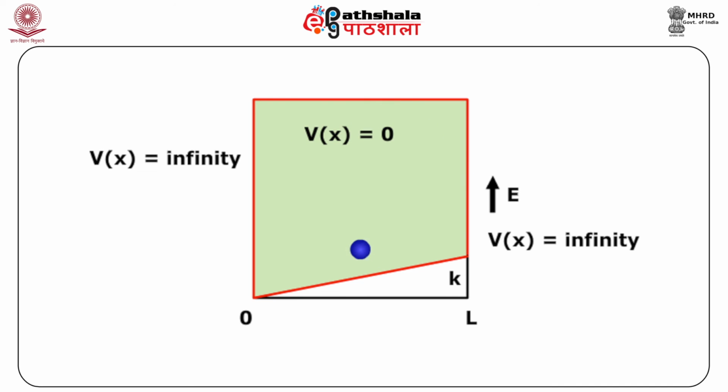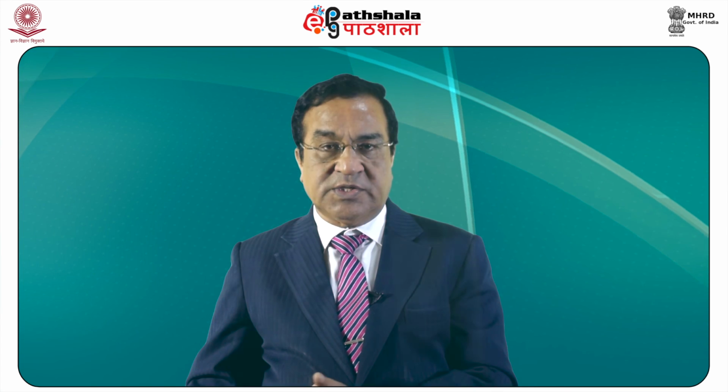Outside this box, the potential energy is infinity, but inside this box, the potential energy V(x) is equal to kx upon L, where the length of the box along the x-axis is L. That means x varies from 0 to L. So this is basically the representation of a particle in a box with a slanted bottom.